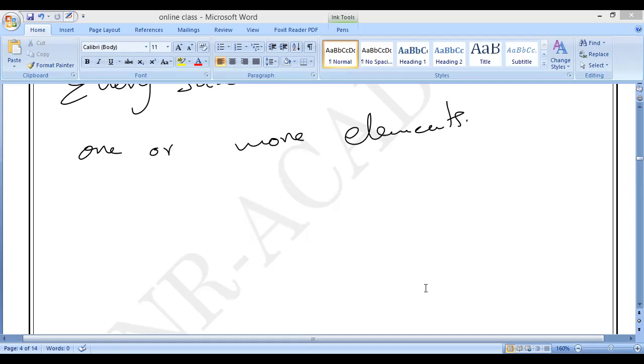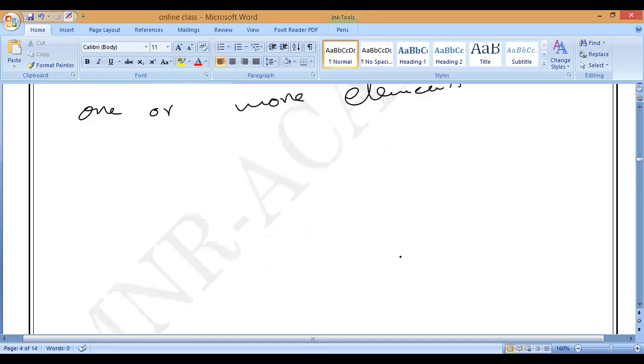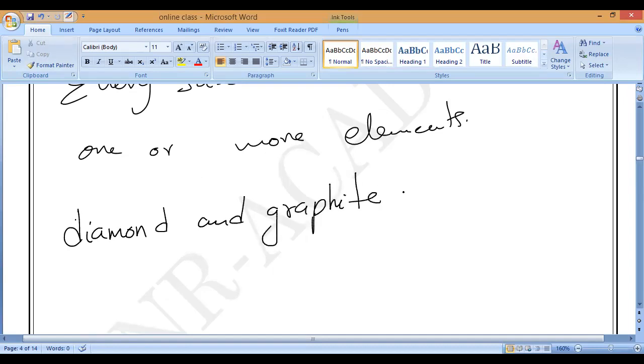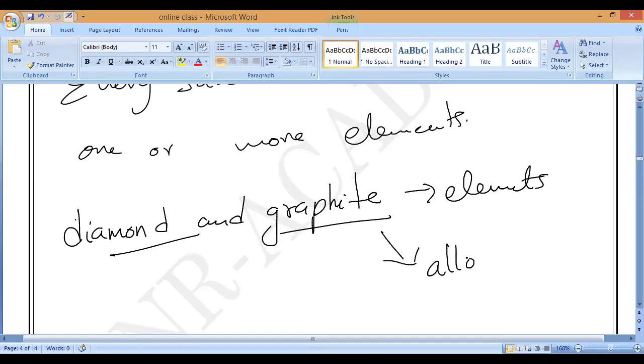You take mercury, tin, silicon, zinc, gold, silver, aluminium, all are called elements. Diamond, graphite and coal are all elements only, because they are the allotropes of carbon.